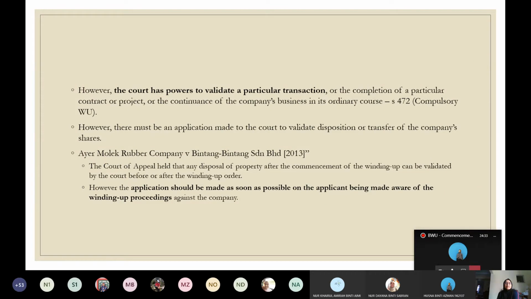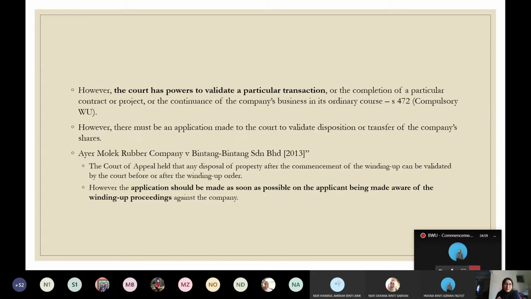Dia kata there must be an application made to the court to validate disposition or transfer of the company's shares. So in situation when the disposition has been made after the order of the winding up being made, so still another way untuk avoid ataupun macam to validate, maksudnya tak mau dia jadi void, so is to make application to the court.